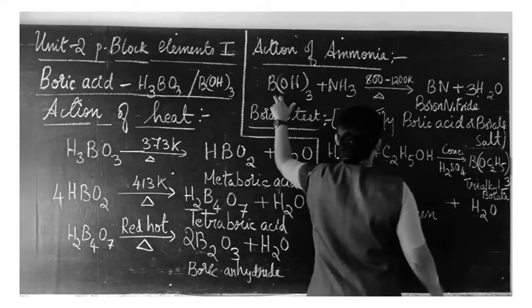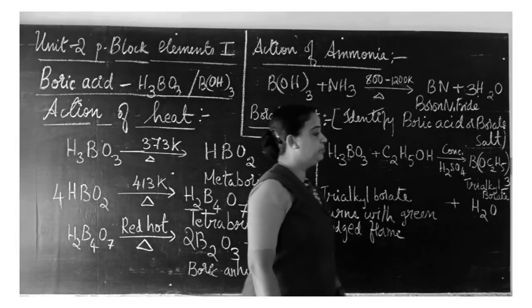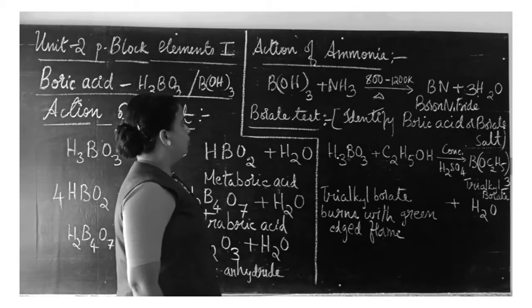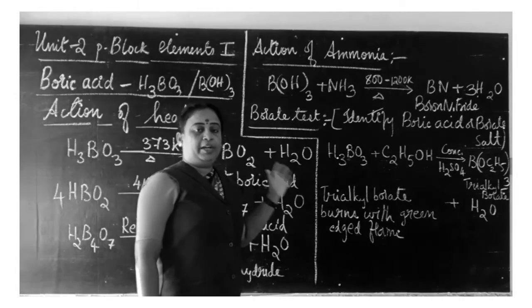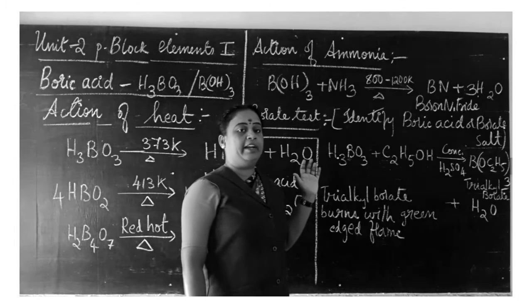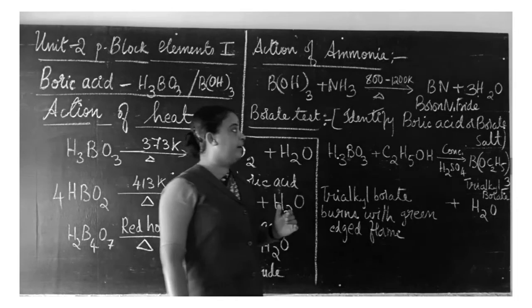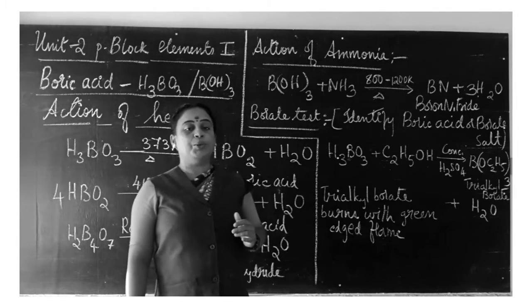Here 1 boron, 1 boron, and 1 nitrogen, 1 nitrogen, so it is balanced. So boric acid reacts with ammonia at a high temperature of 800 Kelvin to 1200 Kelvin and gives you boron nitride along with water molecules.